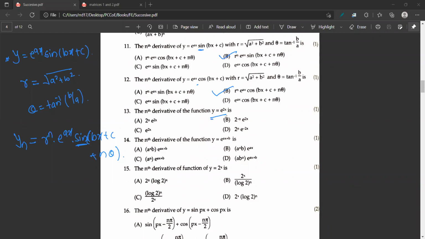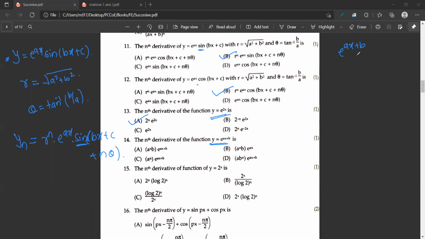What is the nth derivative of e raised to 2x now? Using that formula, 2 raised to n into e raised to 2x. What is the nth derivative of e raised to ax plus b? So why are you getting confused?